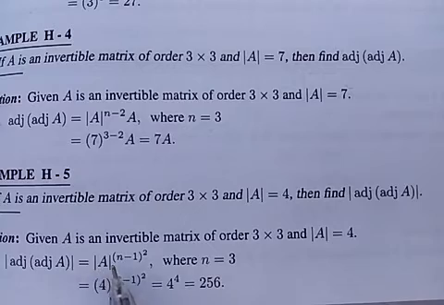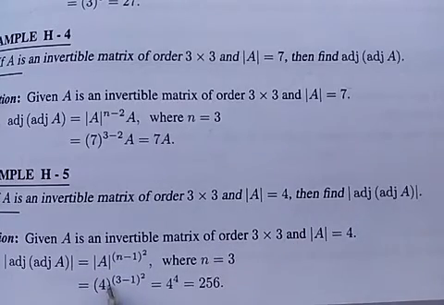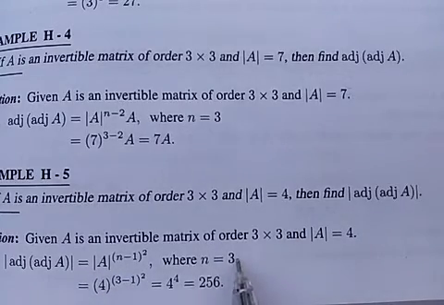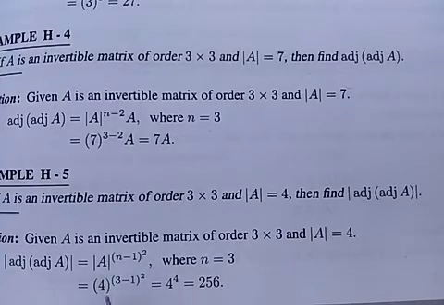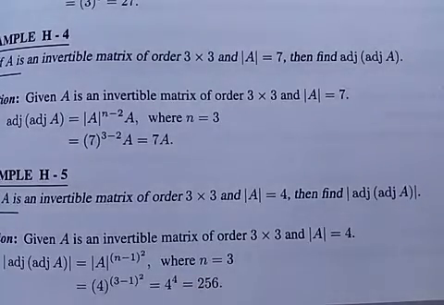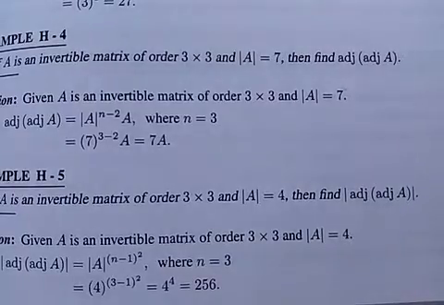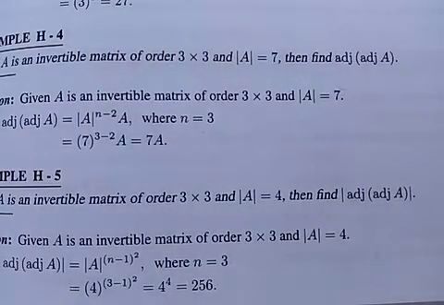Value of determinant of A equal to 4, it is given. We can substitute here. Order of matrix is 3. We can write 3 minus 1 is 2, square of 2 is 4. Already we have value of determinant of A 4, then 4 power 4 equal to 256 is the value of determinant of adjoint of A.